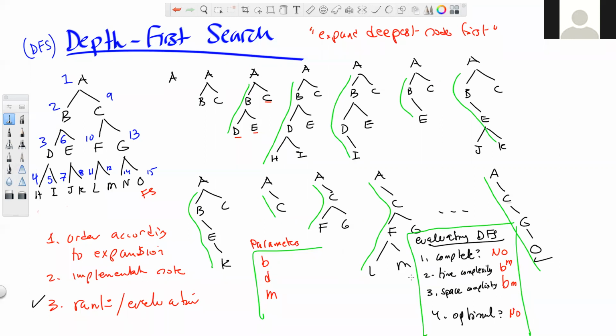Time complexity is the same, in a sense, where there is m here and d there, but let's just say both are exponential. The good news for this compared to breadth first search is what? Space: exponential to linear, that's very significant. Now, things look bad on the complete and optimal side compared to the other guy.